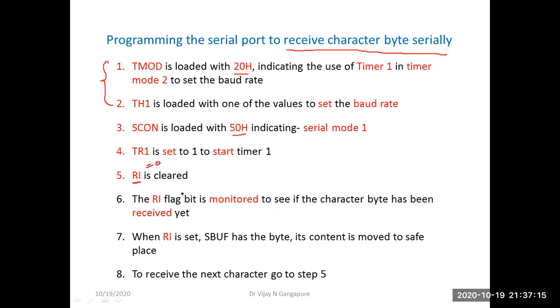Because when reception of one byte is completed, by default the RI flag bit will get set, means we get indication of reception of a byte of data. Once that byte is received and is available in SBUF, we get indication through this RI flag bit.